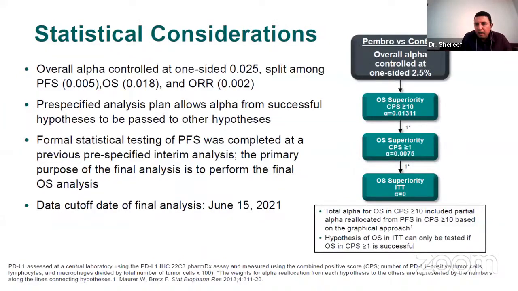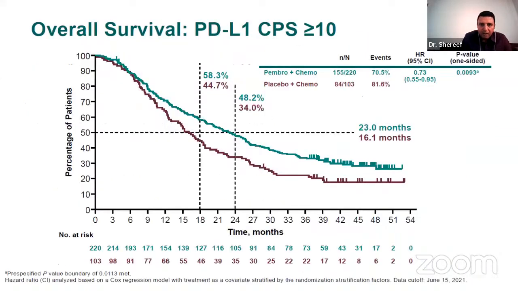If you look at the hierarchy of statistical testing, they looked first at the comparison of the survival outcome in patients having the biomarker, which is PD-L1 CPS score more than 10. And if it is positive, CPS more than 1. And if it is positive, they looked at the overall population. So here we are making sure that we have enough power for the biomarker-defined subgroup first, and if it is positive, we look at the intention to treat population.